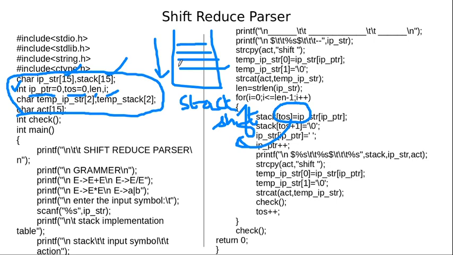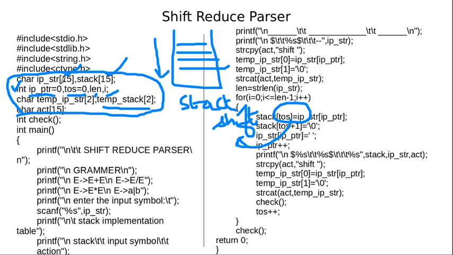The set of symbols we consider for reducing must be stored in a variable, for which we use the temporary stack. And to print the action, whether it is accept, reject, shift or reduce, I use one more array, ACD, nothing but the action. So these are all the variables in our program.